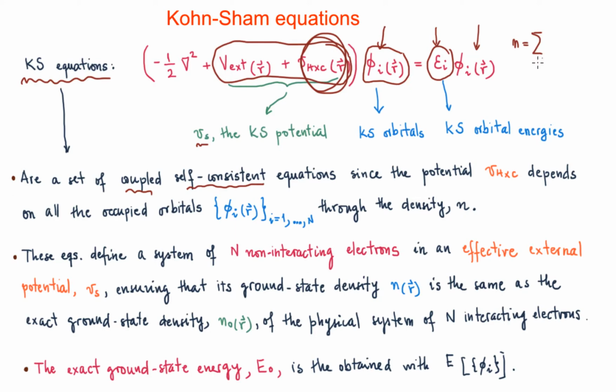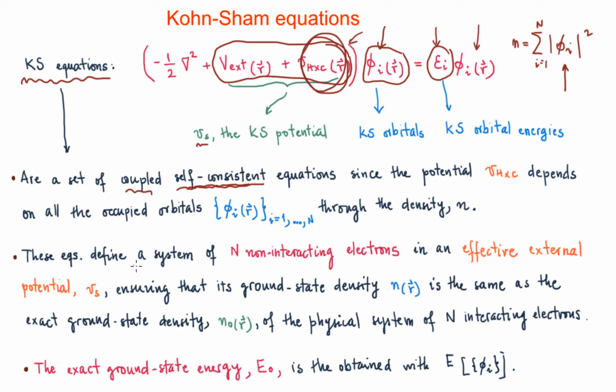The density is the sum over all i of this contribution here. So we need these functions in order to build the density, and once we have the density, we can build this one. So in order to have the equations that each orbital is satisfying, we need the result in order to build that one. That's why these equations are self-consistent. Actually, it also happens in the Hartree-Fock equations. They are coupled self-consistent equations.